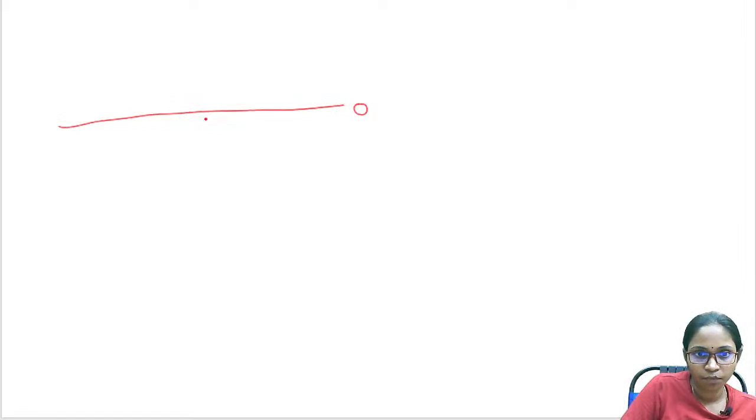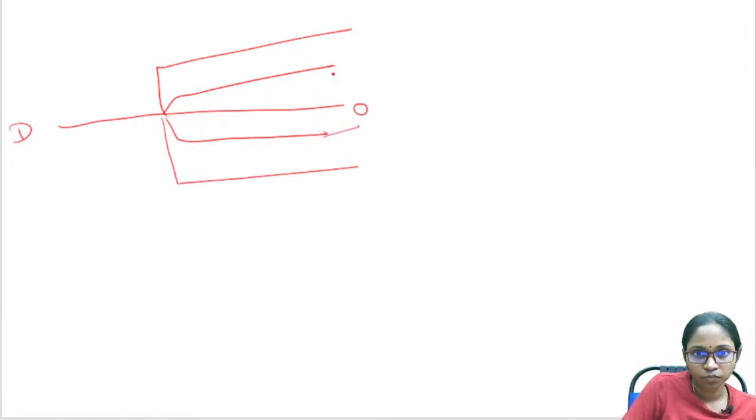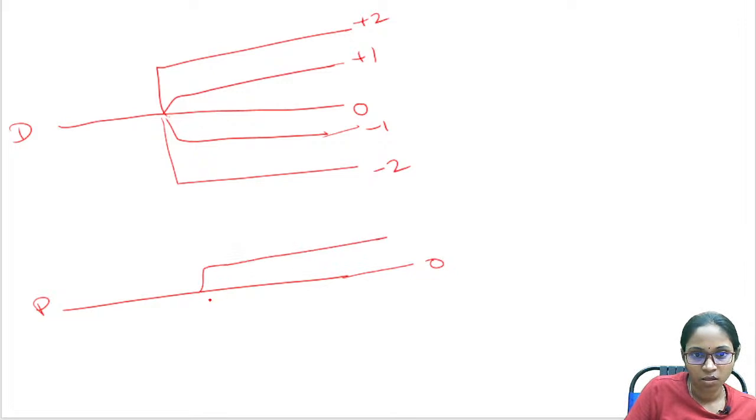Now write the possible transitions of the electron. This is for the D orbital, with ML values plus 2, plus 1, 0, minus 1, minus 2, and for the p orbital, 0, plus 1, minus 1.